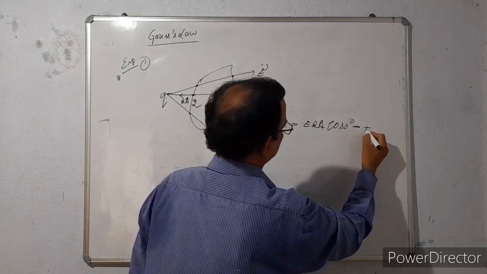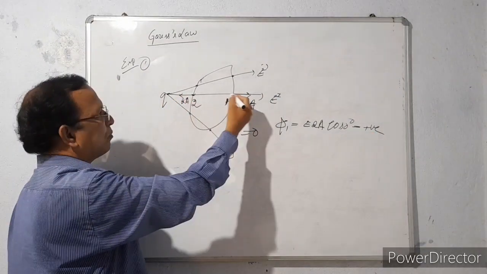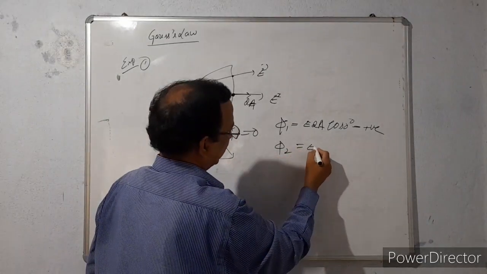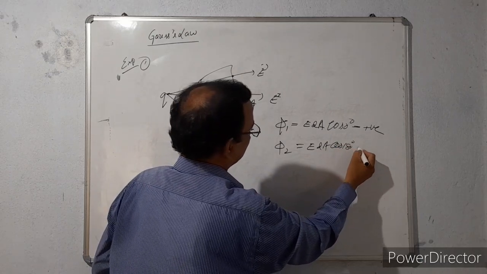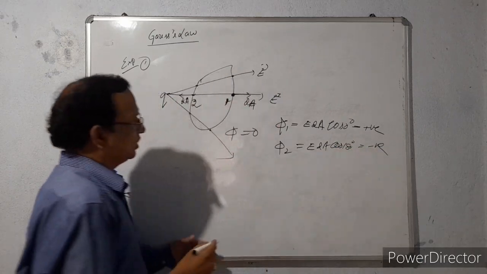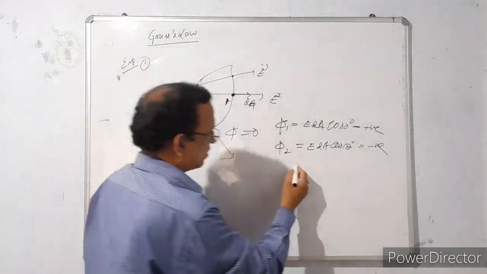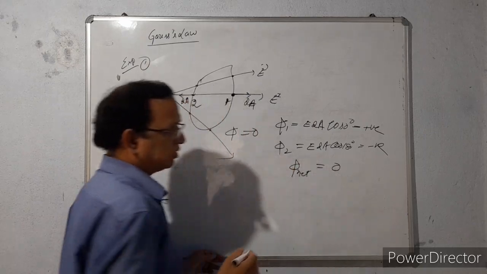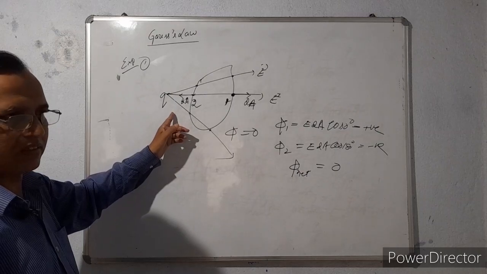So it is positive E dA. In this case, it is the opposite direction. So suppose this is phi 2, E dA cos 180 degree. That is negative. So one is positive, the other is negative. So what is your net flux? Net flux is 0. Clear? So this is the first case.